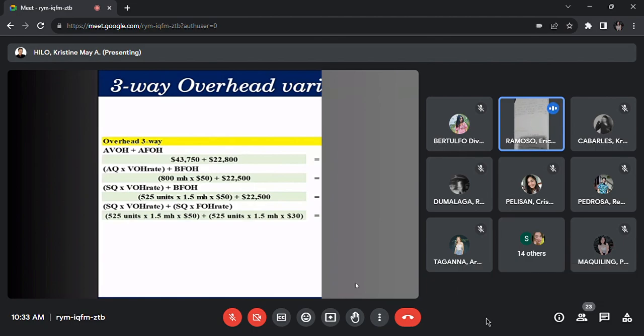The 66,550 minus 62,500 gives us 4,050. And then 62,500 minus 61,875 is 625. And then 61,875 minus 63,000 is 1,125.